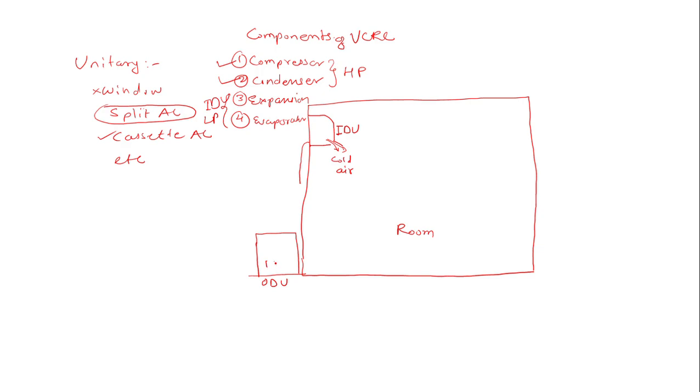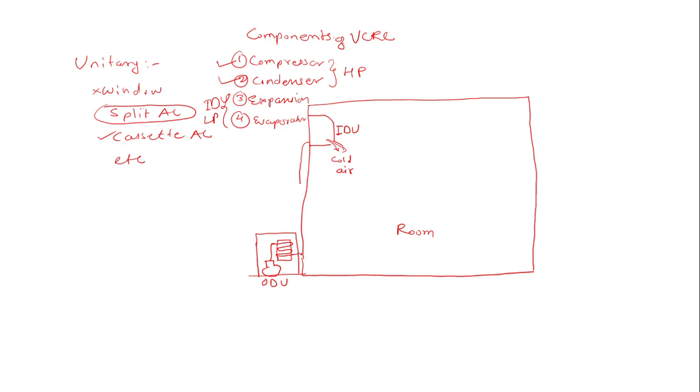Assume that you have the compressor over here. I'm just showing you the schematic basically. From the compressor, let's say here you have the condenser, and in front of the condenser you will have the fan for circulation of air. From the compressor the refrigerant comes out and is given to the condenser.